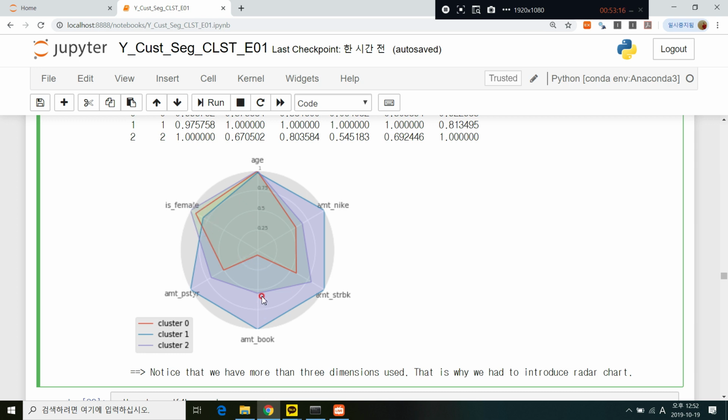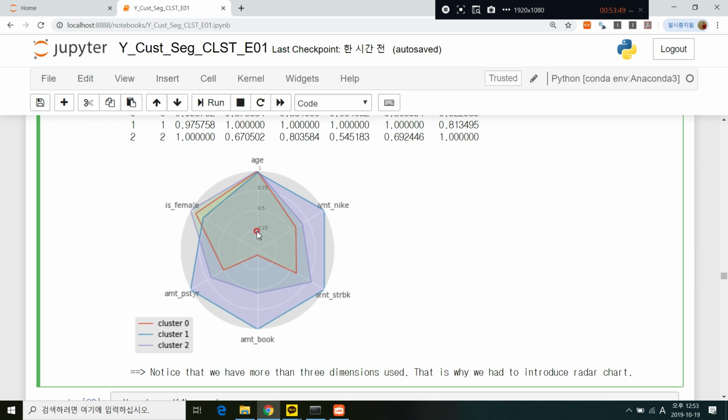Cluster 1 is in between cluster 0 and cluster 2. This group, cluster 1, buys books too, but this group, cluster 0, color red, does not spend a lot in the book category.